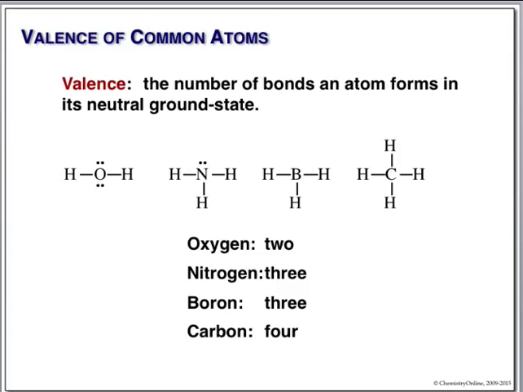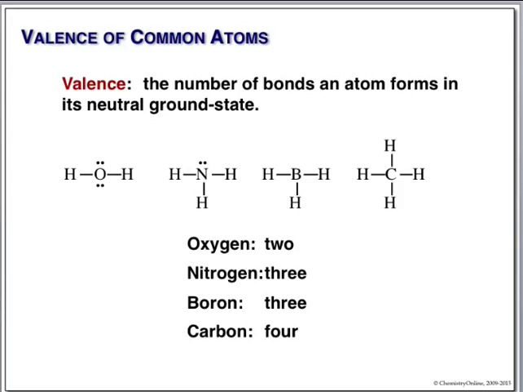We know that oxygen, as in water, will form 2 bonds. It has 2 unshared pairs of electrons. Nitrogen will form 3 bonds, and it has 1 unshared pair. Poor boron forms 3 bonds also, but it has no unshared pairs, so it does not have the octet.